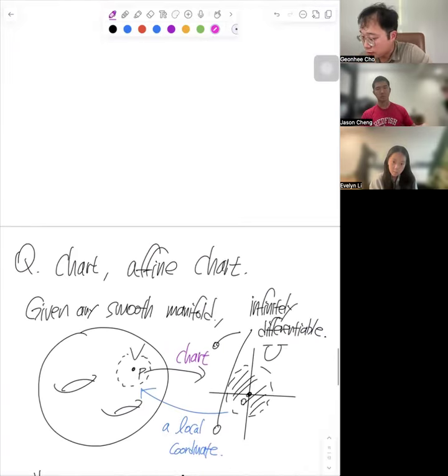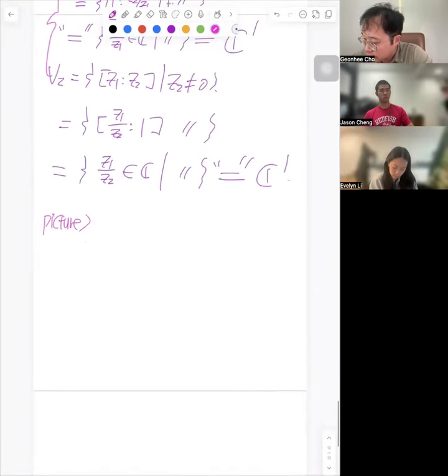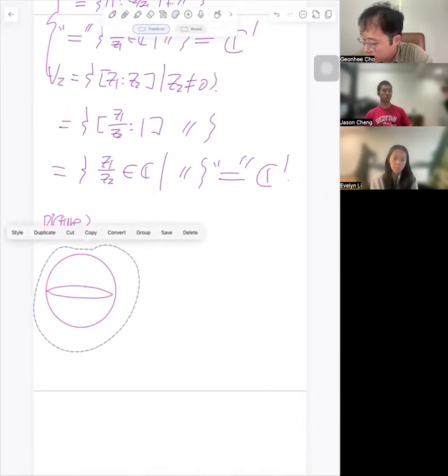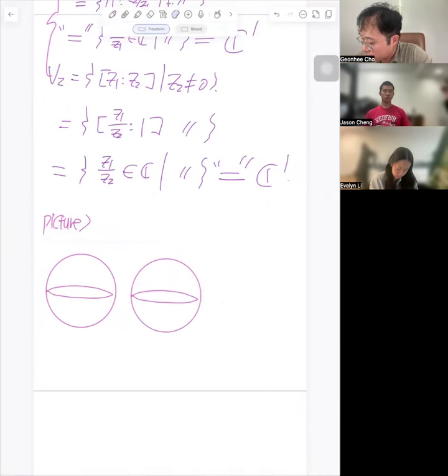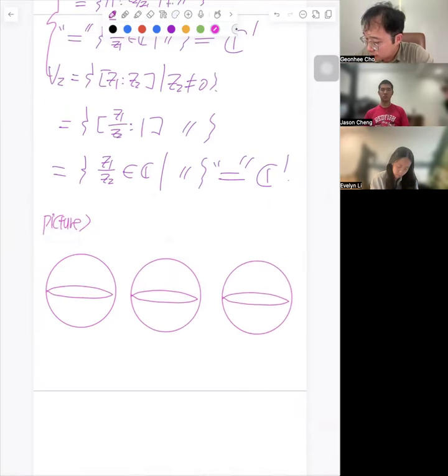So this means the following. Let me draw three different pictures. CP1, a smooth manifold. You start from here, okay?